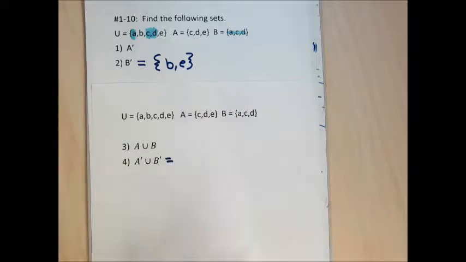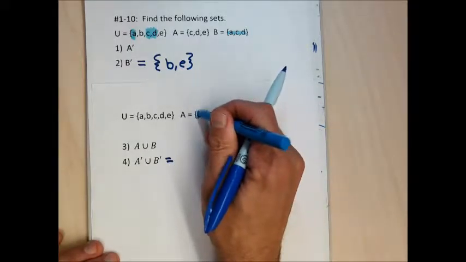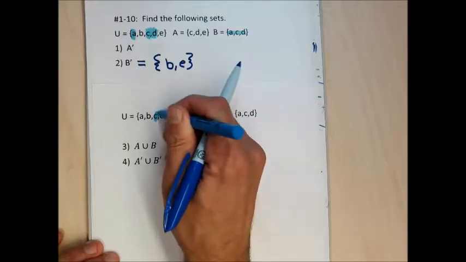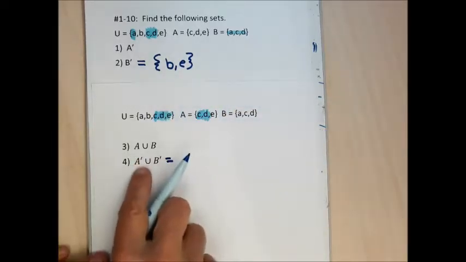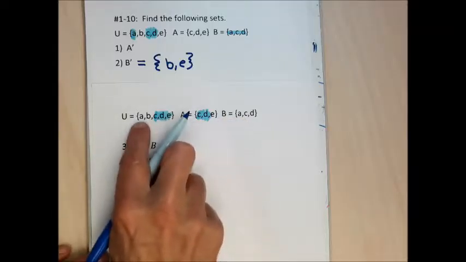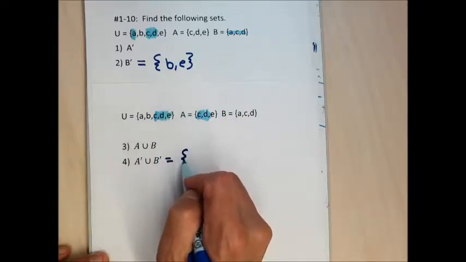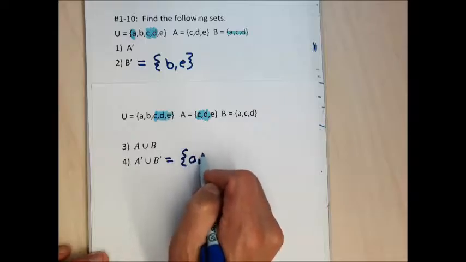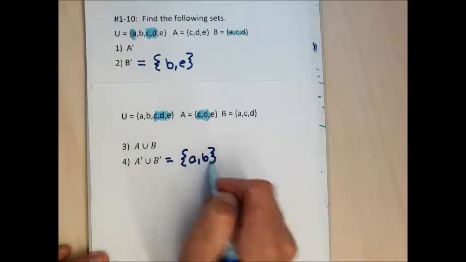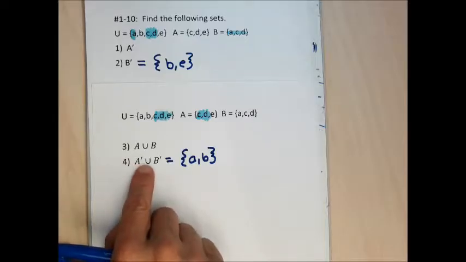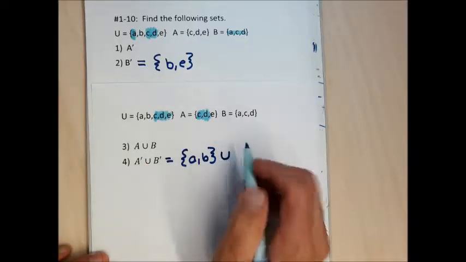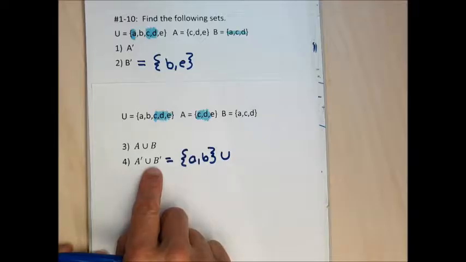And A complement is what I get when I take C, D, and E and remove them from the universal set. A complement is going to be the set that contains A and B. So to the right of the equal sign that I just wrote, I wrote down what A complement was. That's the first thing that I did. I'm going to leave the union symbol. The second operation I'm going to do is find B complement.